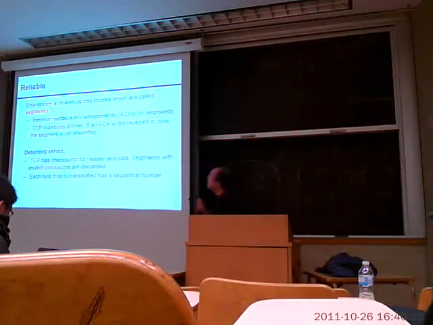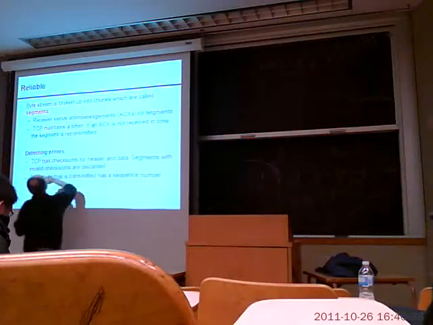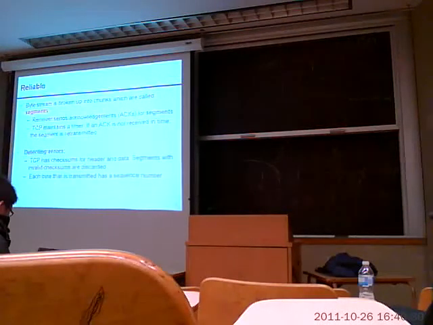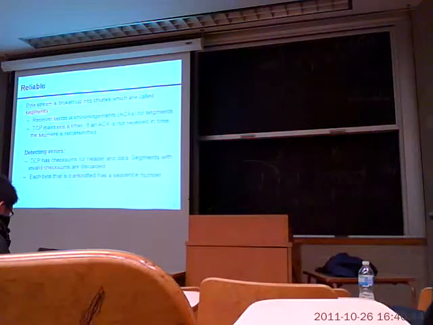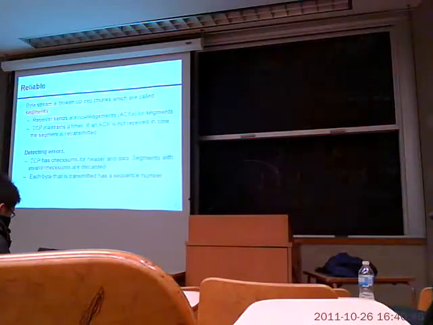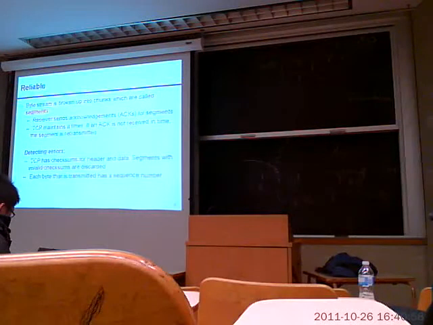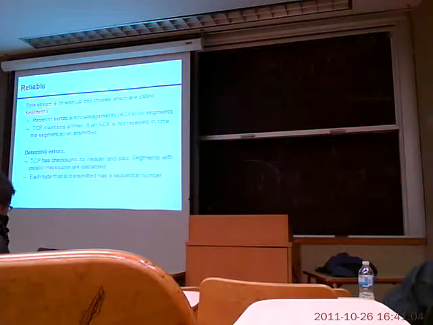Reliable means that the receiver sends an acknowledgement for each segment sent, and the acknowledgement indicates sequence numbers. TCP maintains a timer for the transmission. If the timer expires, it retransmits.